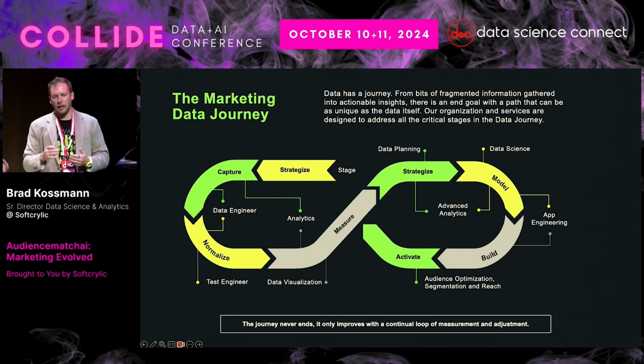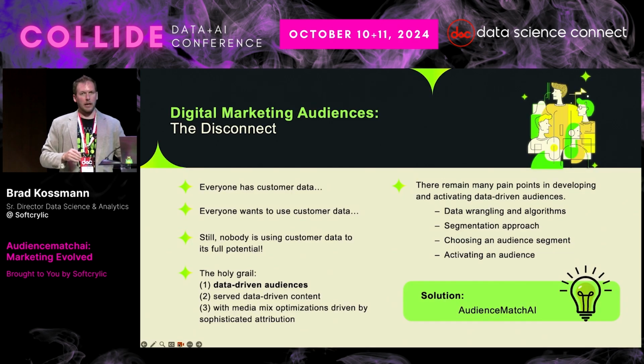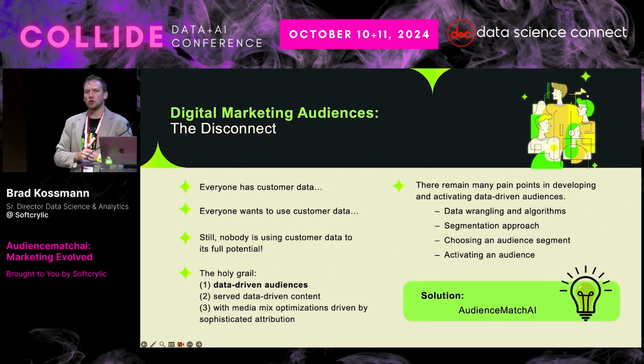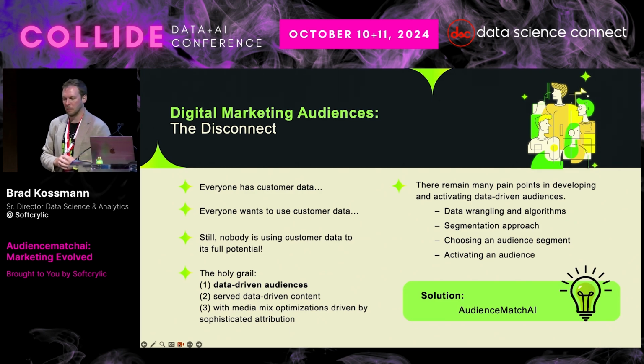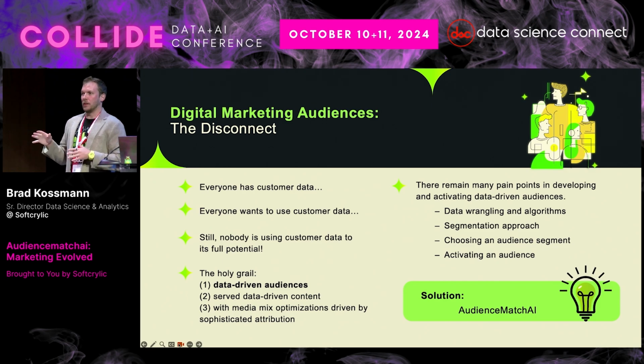I don't know if you all work much with marketers, but there are two large data science and analytics pillars to marketing. One is audience and the other is attribution. Today we're going to be talking about audience, and how you can find data-driven audience segments that are well suited for marketing campaigns.